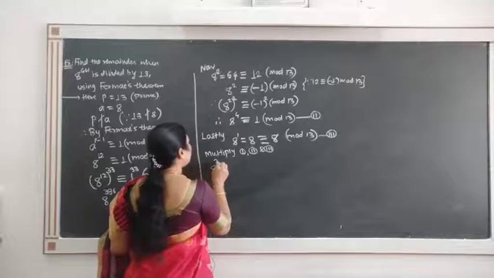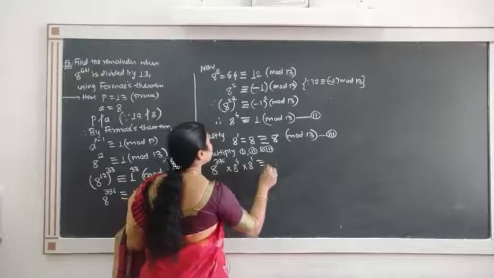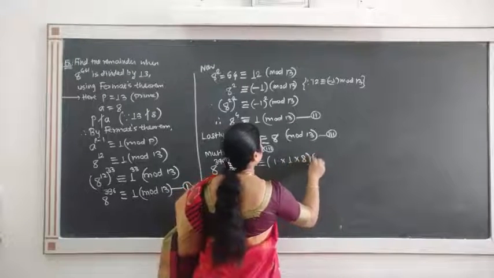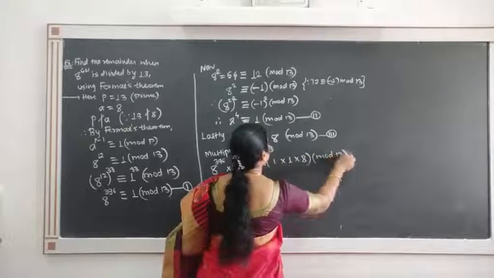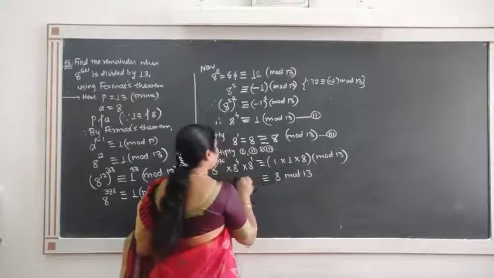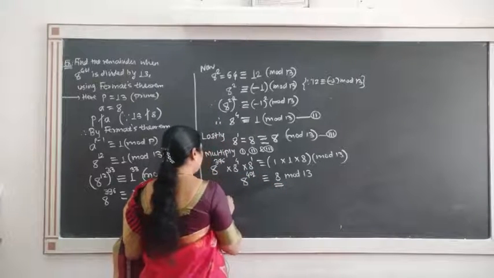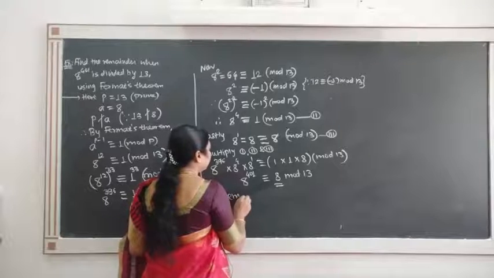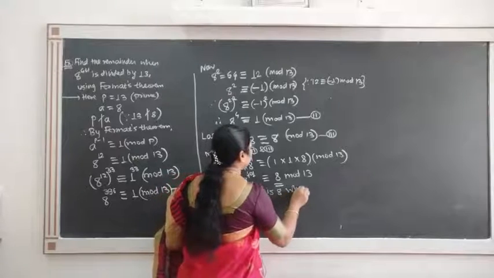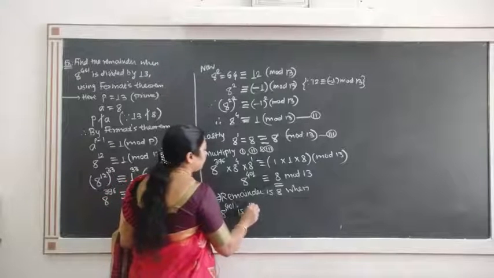We have 8 raised to 396 into 8 raised to 4 into 8 raised to 1 is congruent to 1 into 8 modulo 13. That is congruent to 8 modulo 13. So 8 raised to 401 is congruent to 8 modulo 13, which means that the remainder is 8 when 8 raised to 401 is divided by 13.